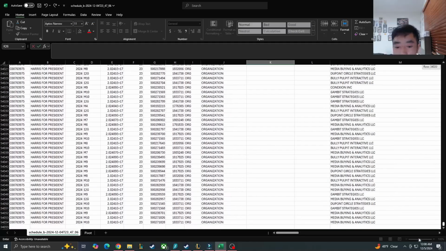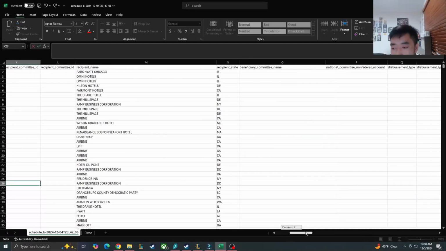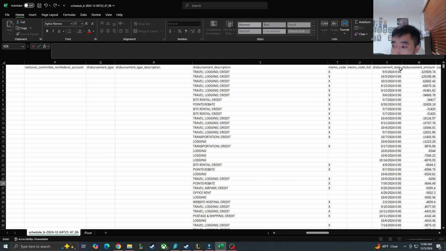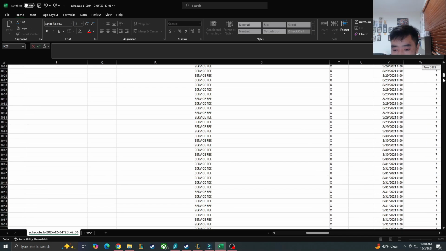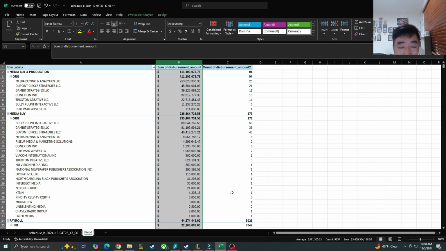All 54,000 transactions, whether they're organizations or individuals, and their recipient names, and their descriptions and why they went out. Look at all this data. So, boom, pivoted.